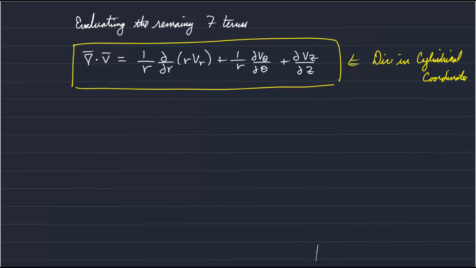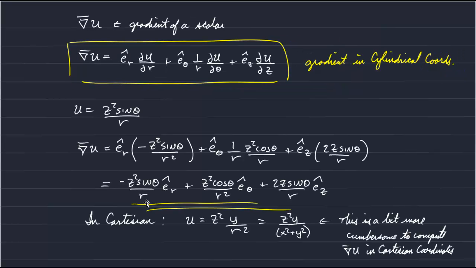Before, we evaluated the gradient of a scalar field, so let's take the divergence of this vector.